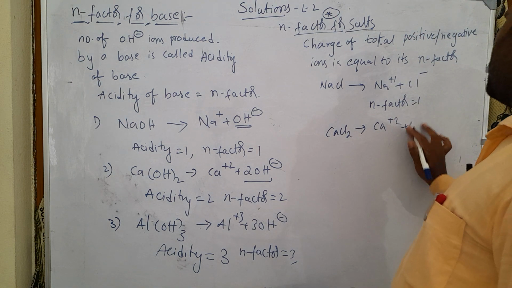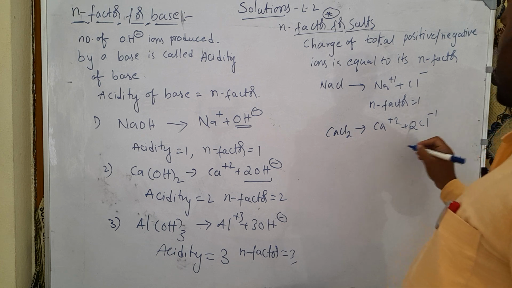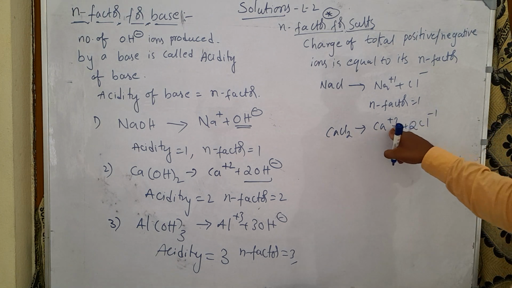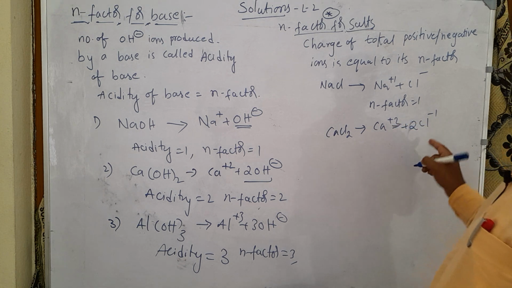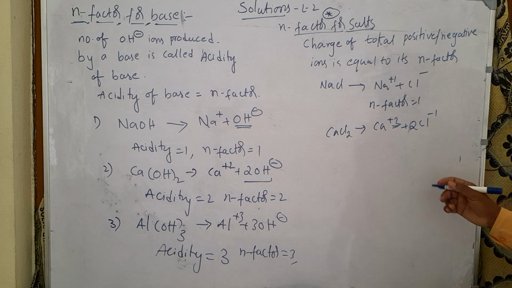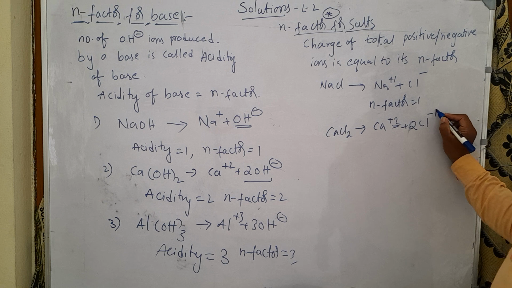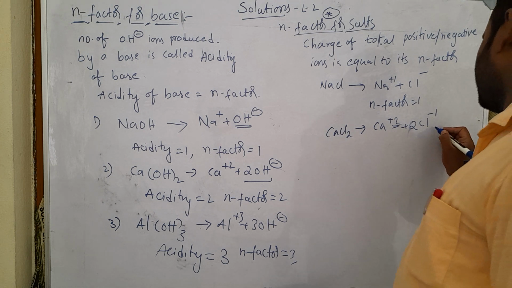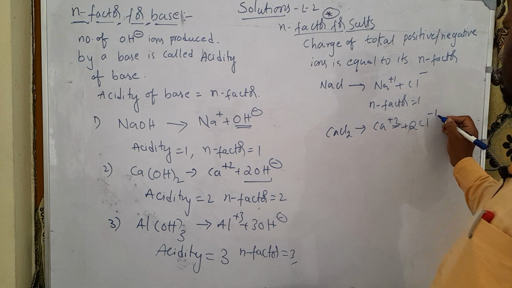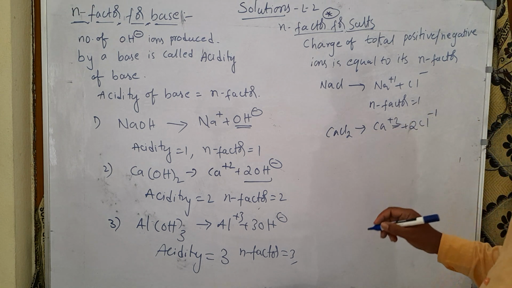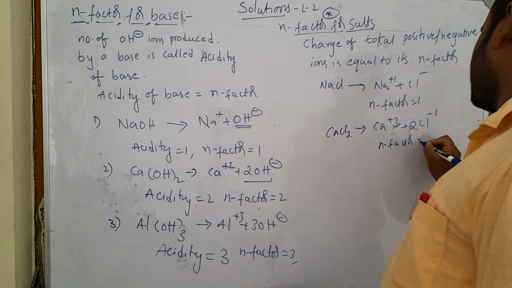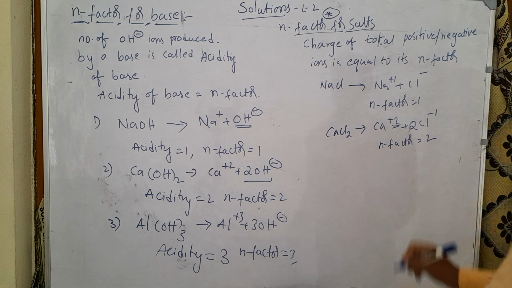Chloride charge is minus 1, but we have 2 chloride ions, hence the total negative charge is minus 2 and the total positive charge is plus 2. So N factor is equal to 2.